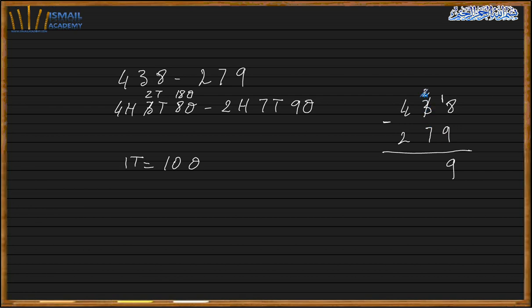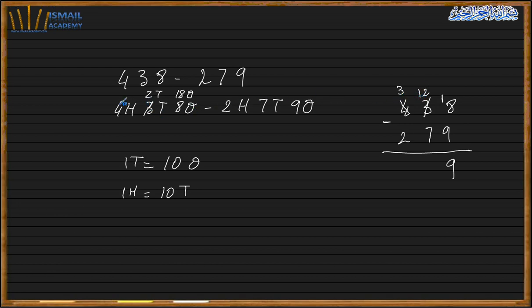Now I'm going to move to the second part. I have 2 tens and I have 7 tens. I do the same process. I know that 100 is 10 tens. So what I do, I'm going to borrow 100 from the 400 and give it to the tens. So now if I borrow 1 hundred from here, I have 300, and here becomes what? 12 tens.